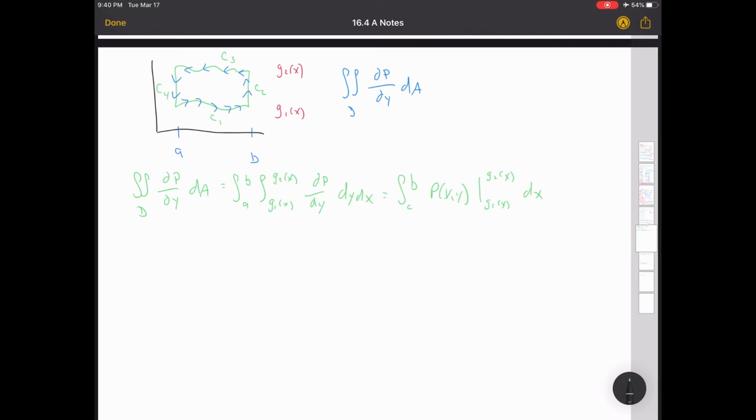Okay, so then by plugging in g2 of x for y and g1 of x for y and subtracting, we end up with the integral from a to b of P of x comma g2 of x minus P of x comma g1 of x dx.